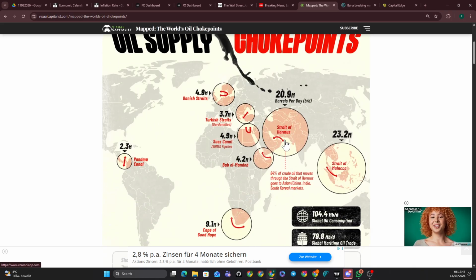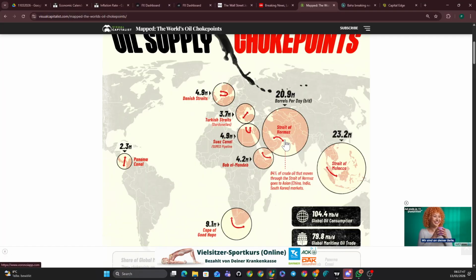Now it's totally closed, which means 20.9 million barrels per day are not injected into the global markets. Especially, 84% of the crude oil that moves through the Strait of Hormuz goes to Asia, China, India, and South Korea, which is not a good sign.